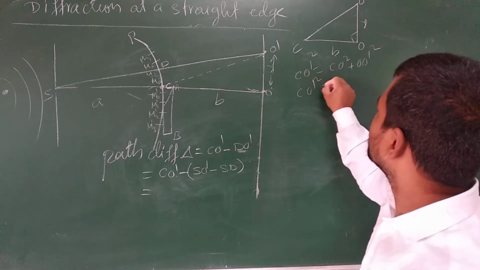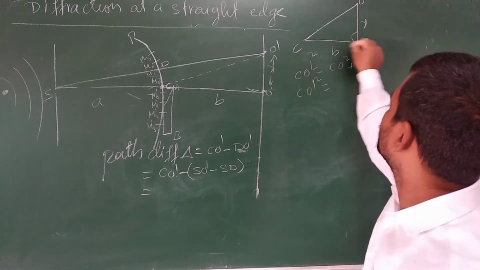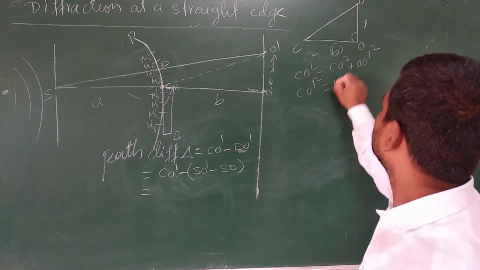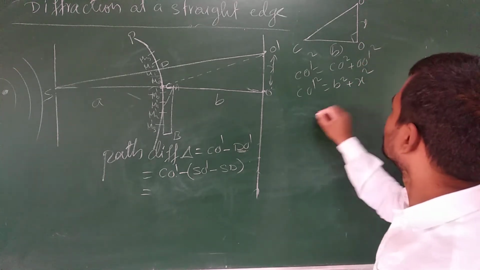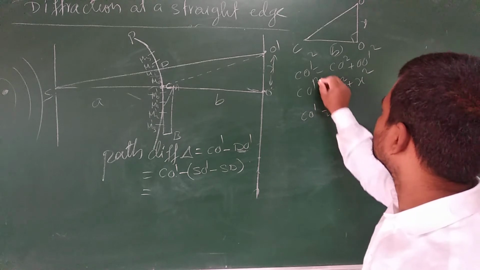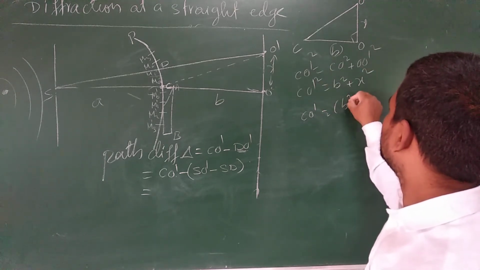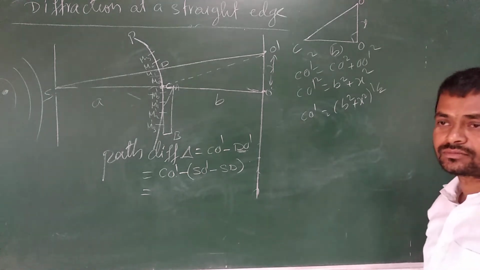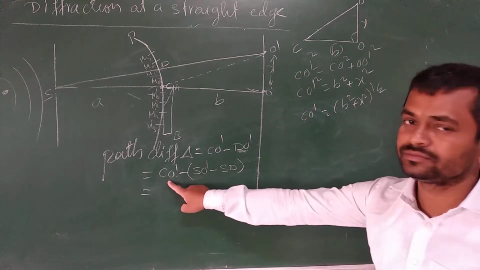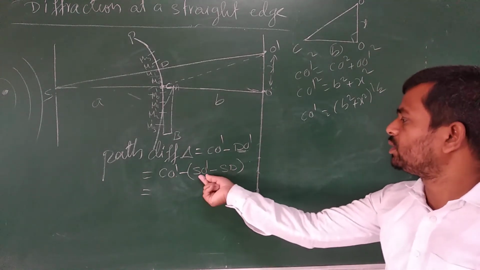CO dash square is equals to CO is B square plus O dash is X. CO dash is equals to, bring the square to this side, B square plus X square power 1 by 2. Substitute this value here.